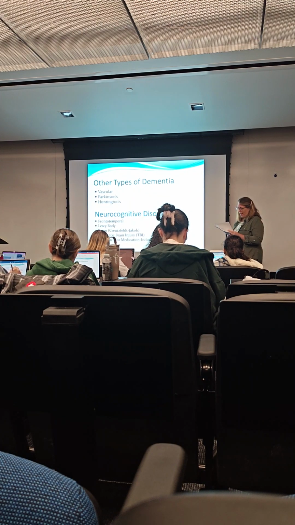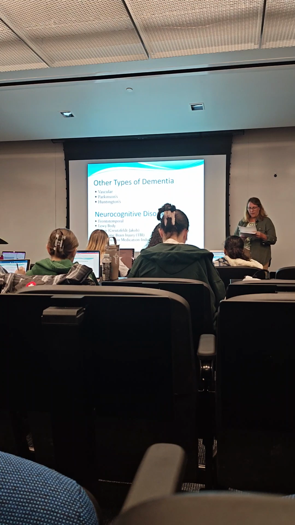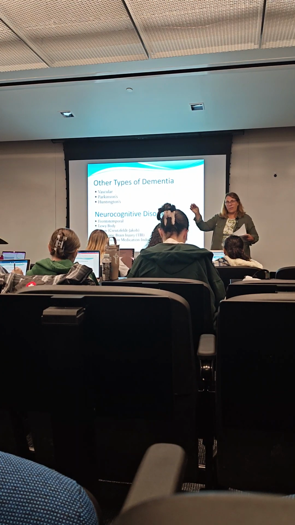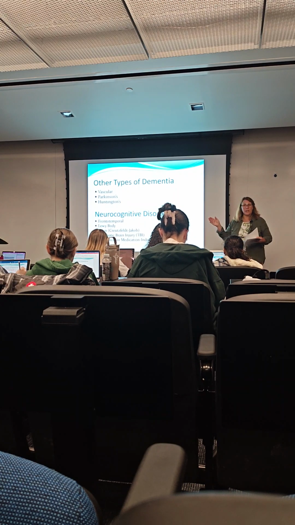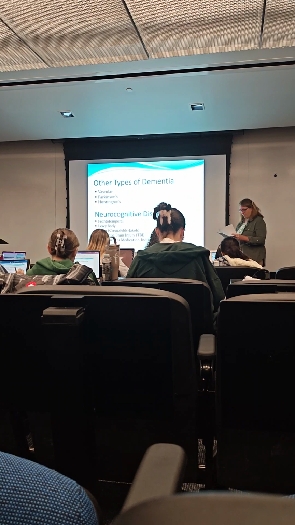These patients are really high risk of falls. We see syncope with these patients. They are more functionally impaired than other types of dementia and have a shorter symptom onset to death. So it's 5 to 7 years instead of 10 years with Alzheimer's dementia.